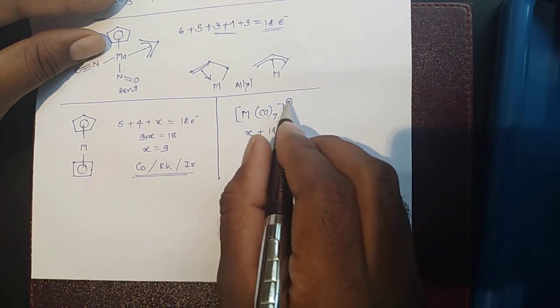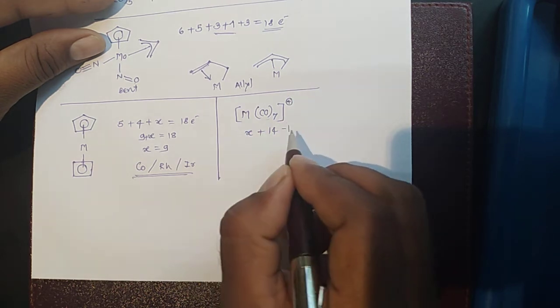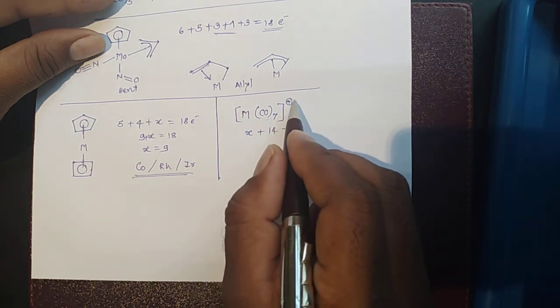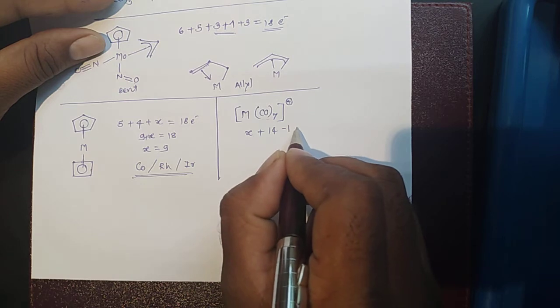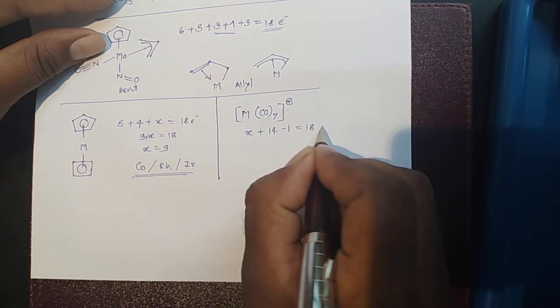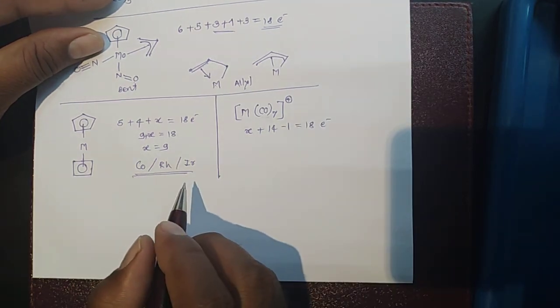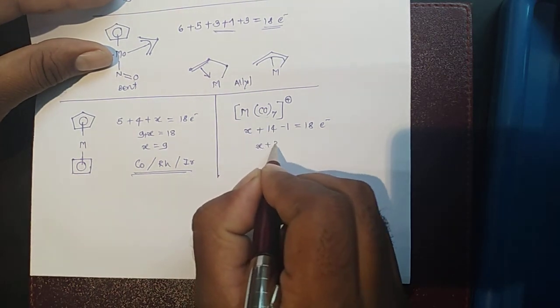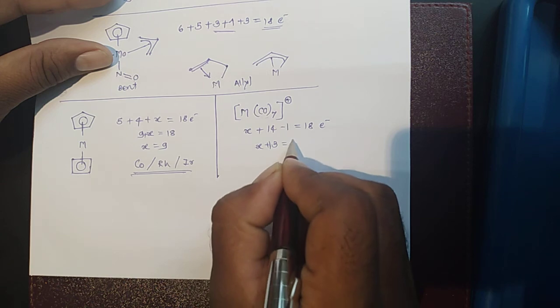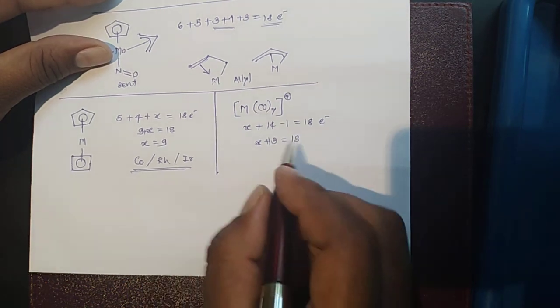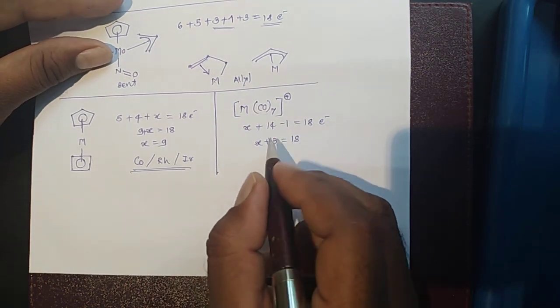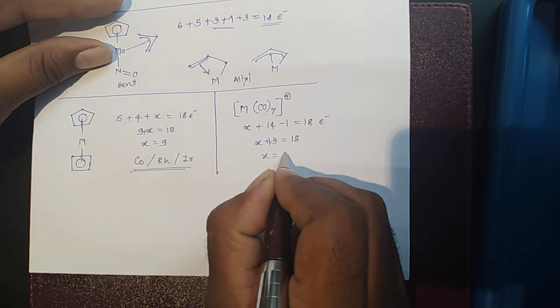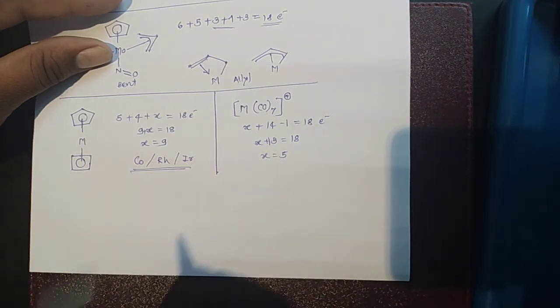Then for this cation, minus 1 because it has already given, and total electrons are 18. So x plus 13 equals 18, so x is equal to 5.